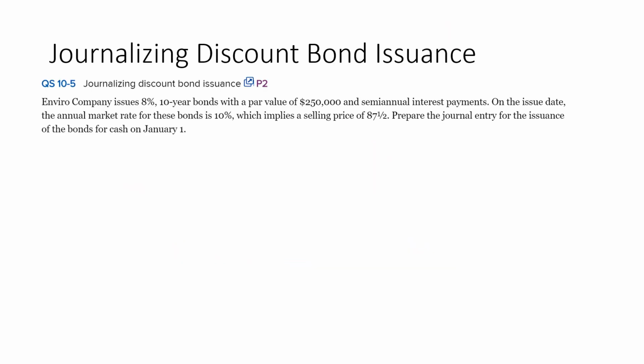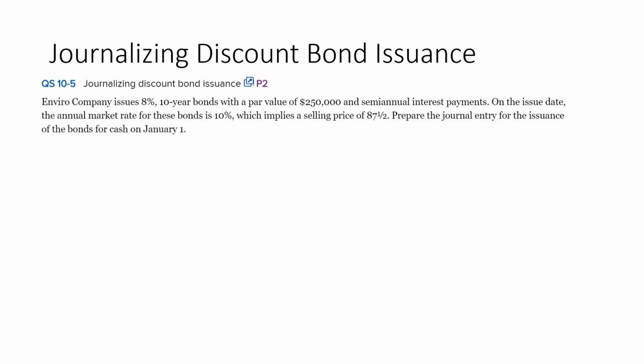Journalizing discount bond issuance. So this is when bonds are issued at a discount, meaning that the cash that the corporation received for the bonds was actually less than the face value of the bonds. That would also mean that the contract rate is less than the market rate. Enviro Company issues 8% 10-year bonds with a par value of $250,000 and semi-annual interest payments.